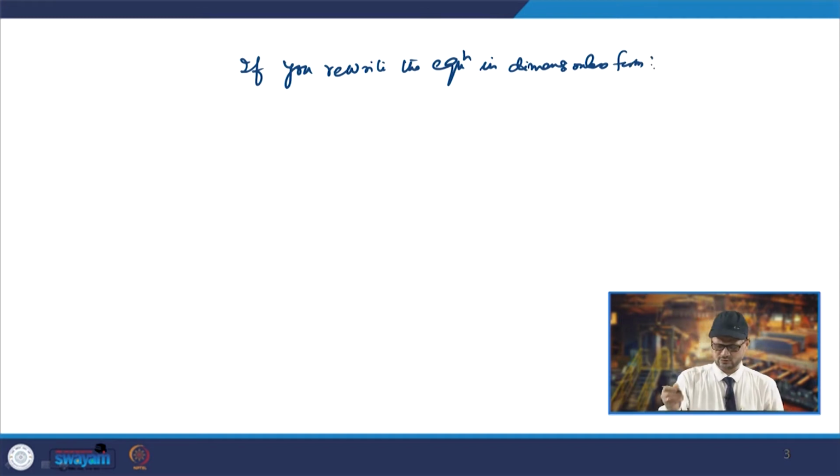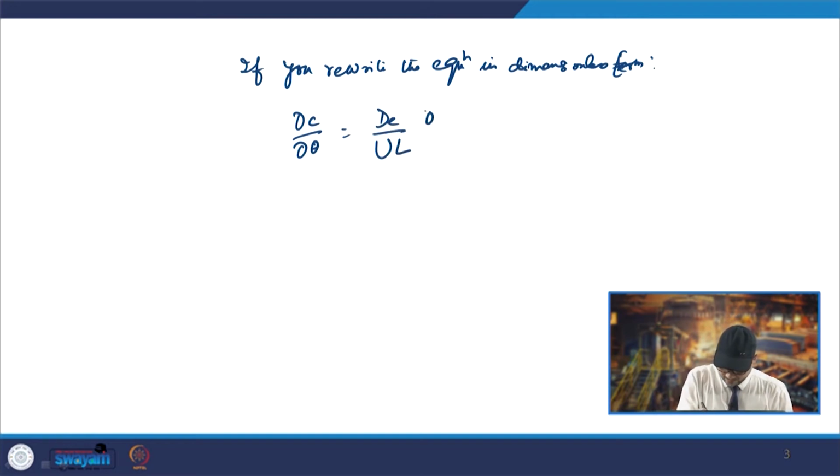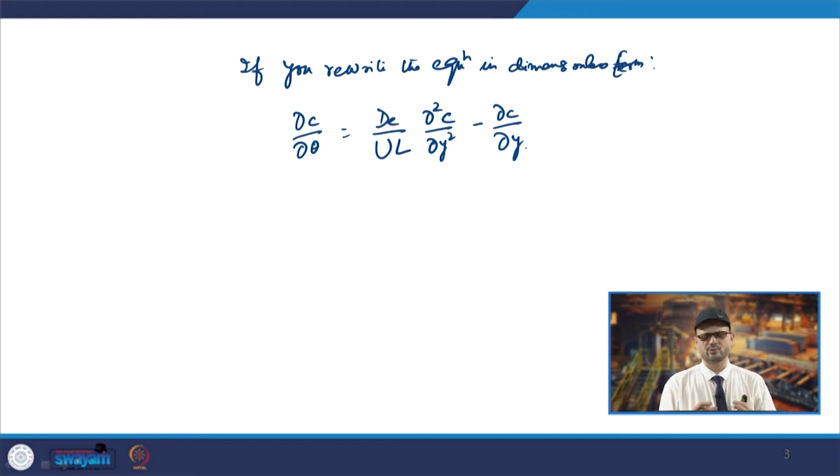You can write dou c by dou theta, where theta is dimensionless time, equals dE upon UL times dou square c by dou y square, minus dou c by dou y.